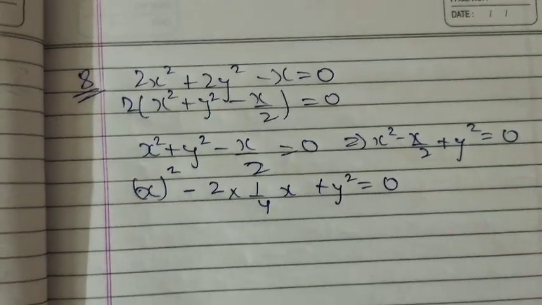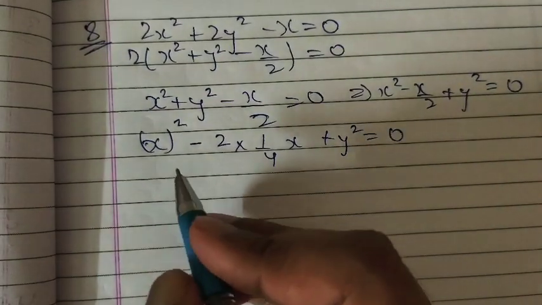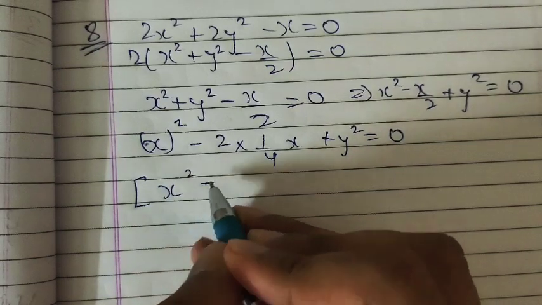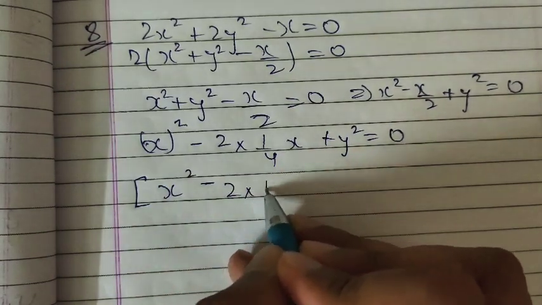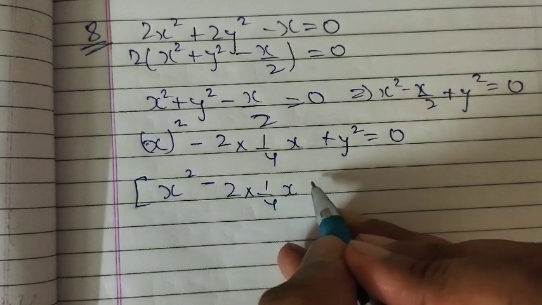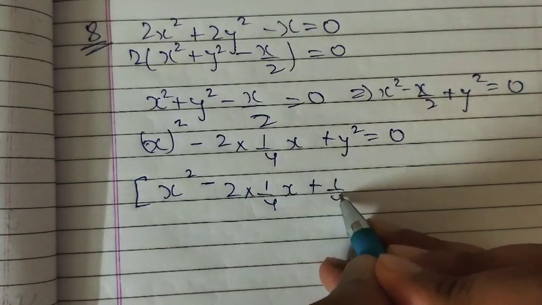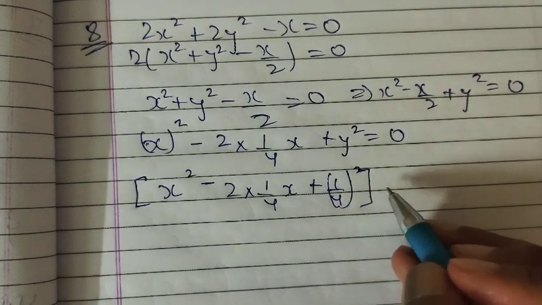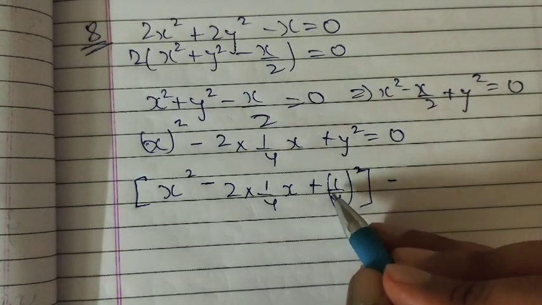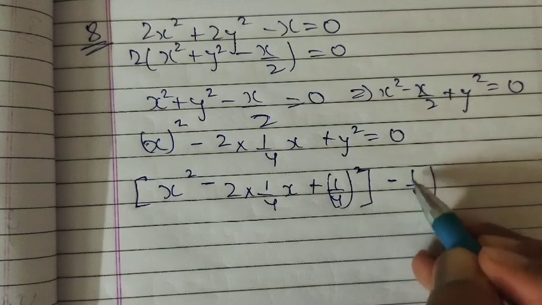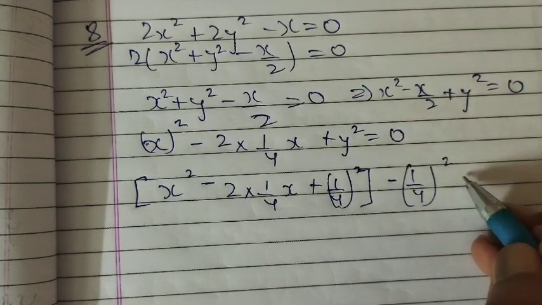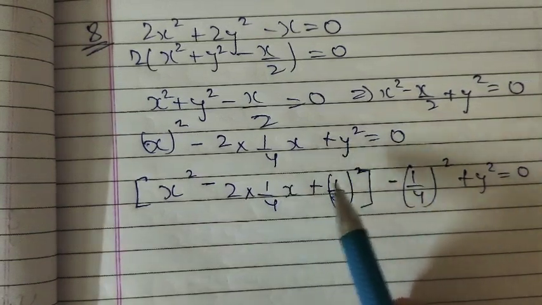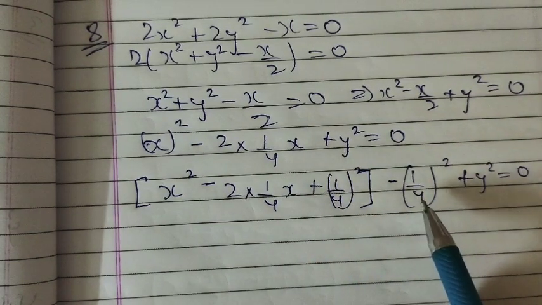Now we apply the completing the square method: x square minus 2 multiplied by 1 by 4 x plus (1 by 4) square, minus (1 by 4) square, plus y square is equal to 0. What we have done is we have added (1 by 4) square and subtracted (1 by 4) square.